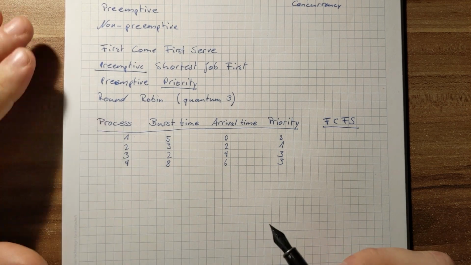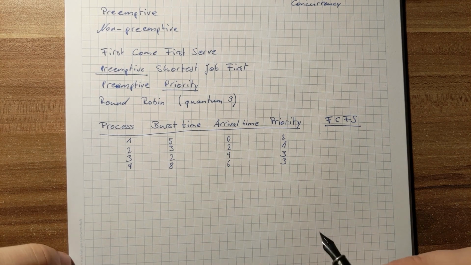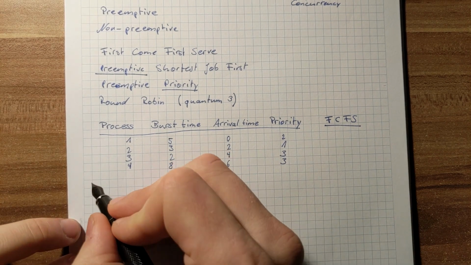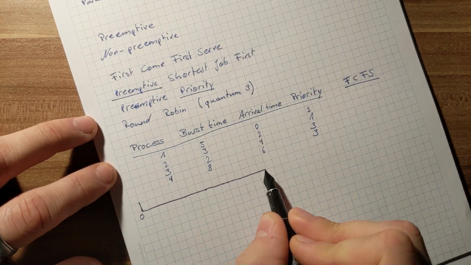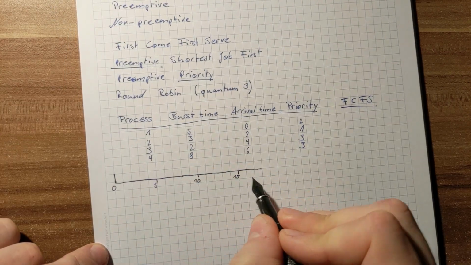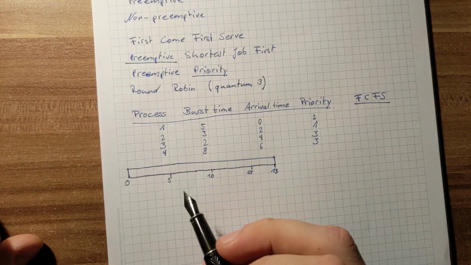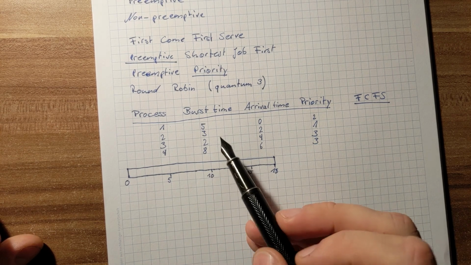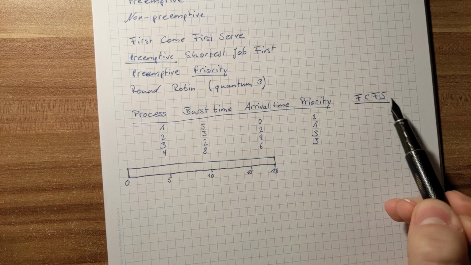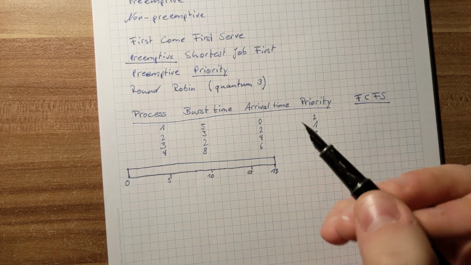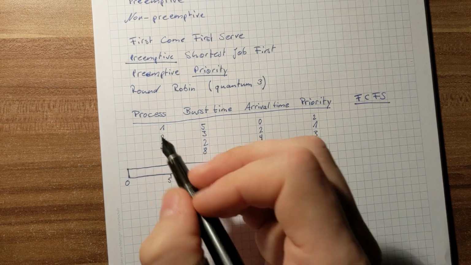Okay, so let's try to make a nice timeline of which process would run at what point. So this is our timeline. And now we have to decide what process we start with. Because we have first come, first serve, we start with the process that arrives first, and that is in this table process 1.